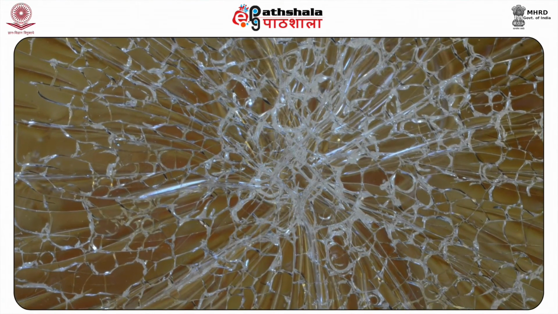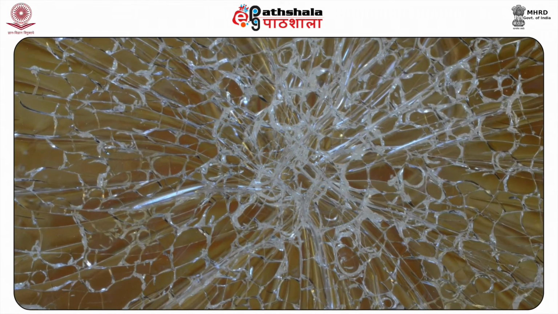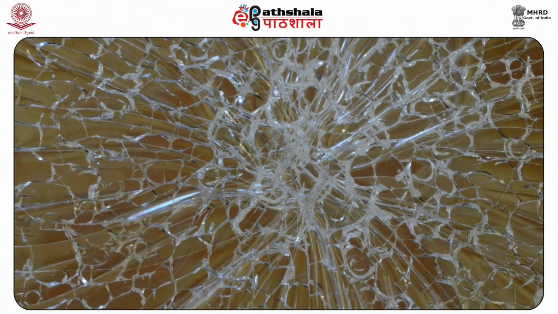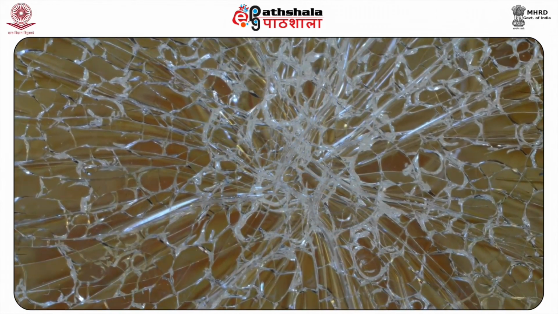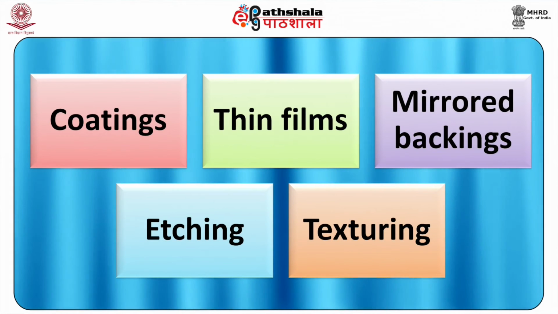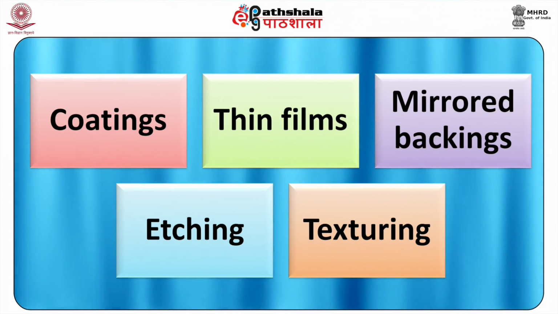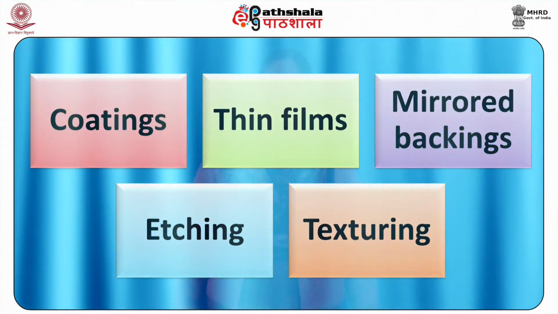They can serve as identifying features while examining the glass fragments, and for fracture match, if the feature is present on both the fragments. Surface features include coatings, thin films, mirrored backings, etching, texturing, etc.